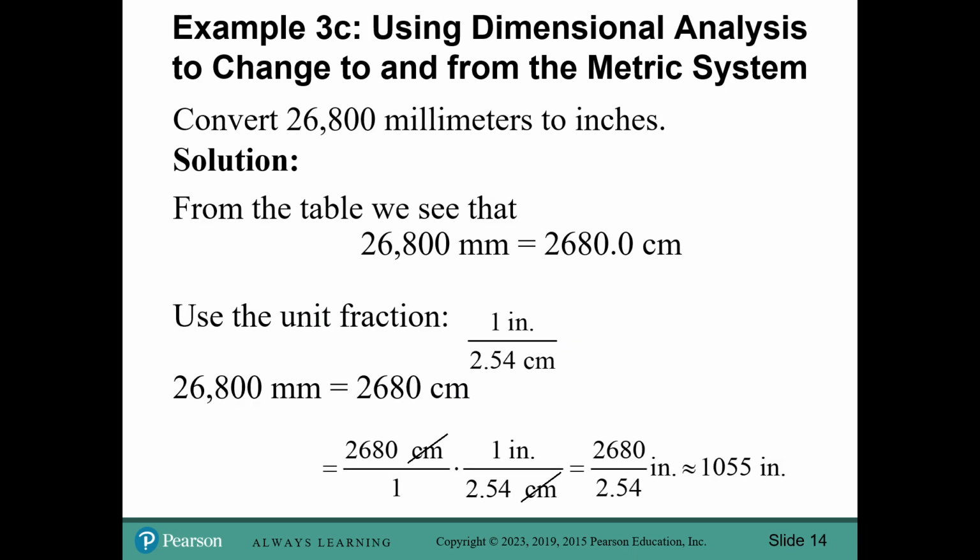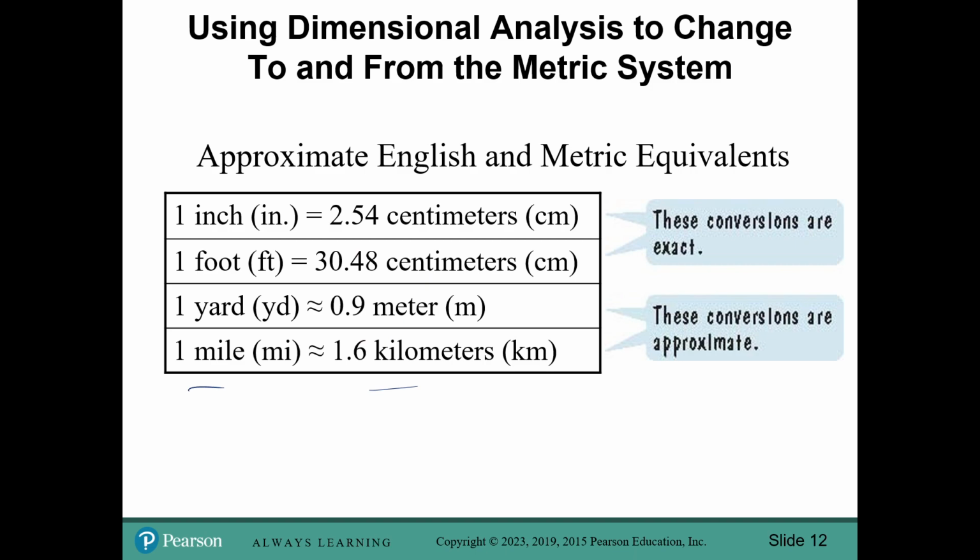Now let's convert 26,800 millimeters into inches. Now, we're trying to convert millimeters into inches, and our chart doesn't give millimeters. It gives centimeters. But what do we know about centimeters and millimeters?